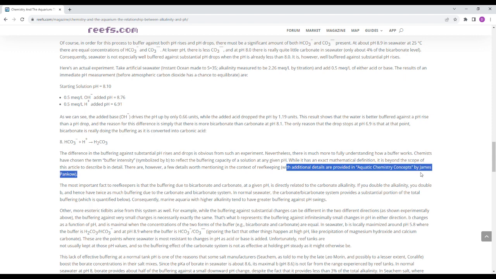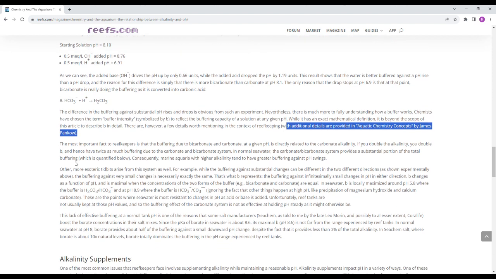The most important fact to reef keepers is that the buffering due to bicarbonate and carbonate at a given pH is directly related to the carbonate alkalinity.